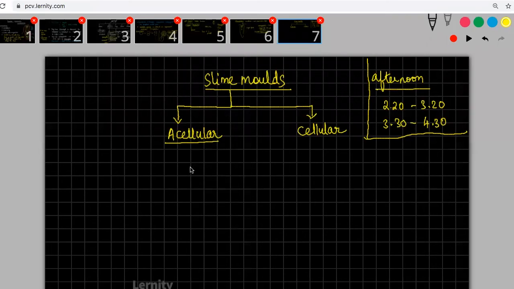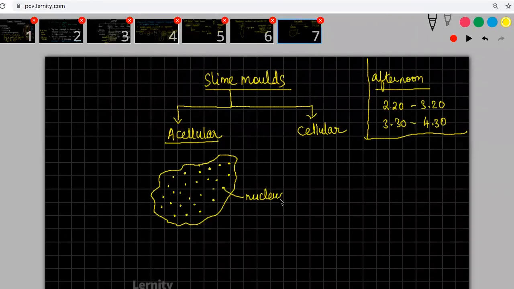In acellular slime mold, you will have a huge mass where you will have thousands of nuclei. It's all nuclei. It looks like lots of cells fused together to form some structure.